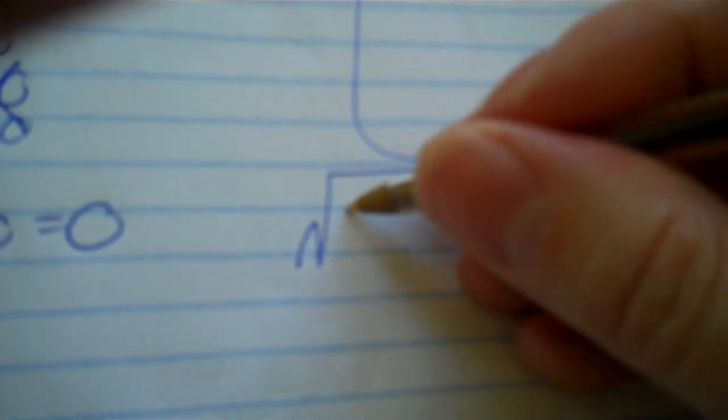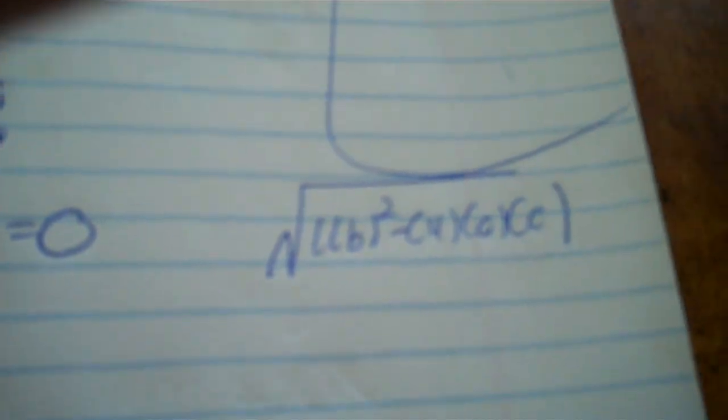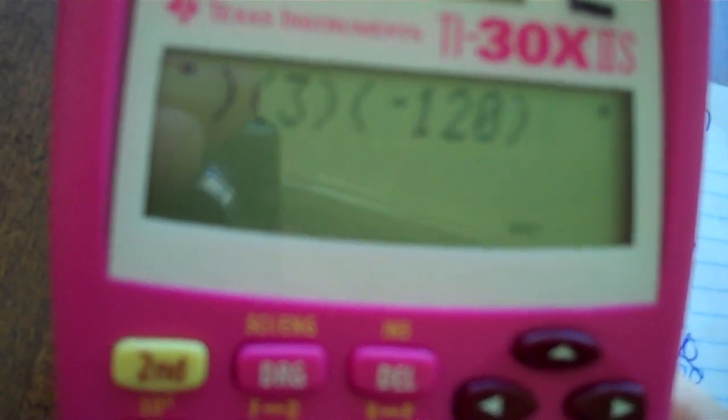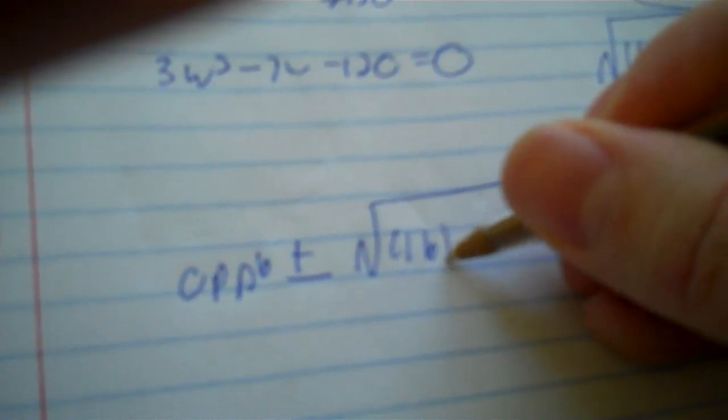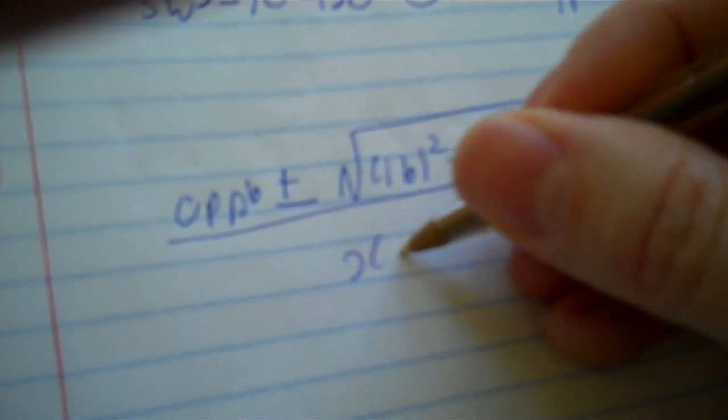Okay, I apply the discriminant. Usually these are decimals on these problems. So B, negative 7 to the second minus 4, 3. C is negative 120. Make sure you get that in as a negative. Okay, 38.59. Okay, so opposite of B, plus or minus the square root, B squared minus 4AC over 2A.